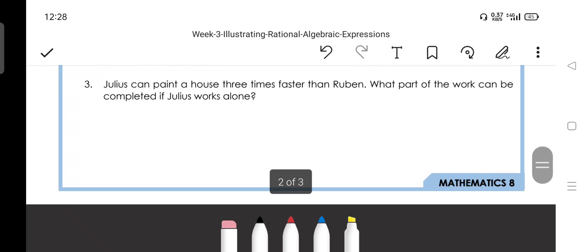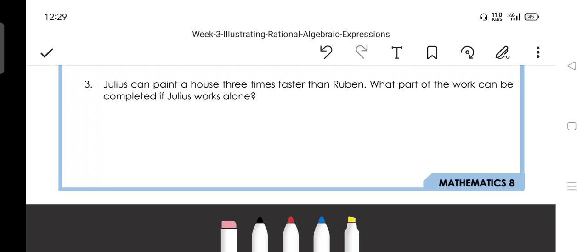Then for number 3. Julius can paint a house 3 times faster than Ruben. What part of the work can be completed if Julius works alone? So this is actually a work-related problem.